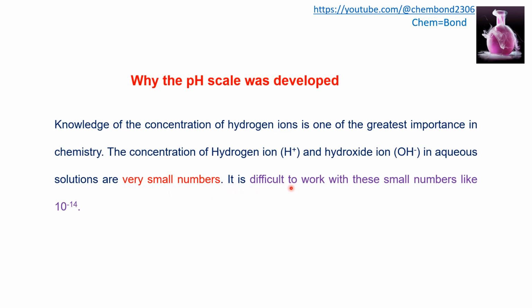It is difficult to work with these small numbers, and while writing them, mistakes occur. So the pH scale was developed in order to convert these small numbers into whole numbers.